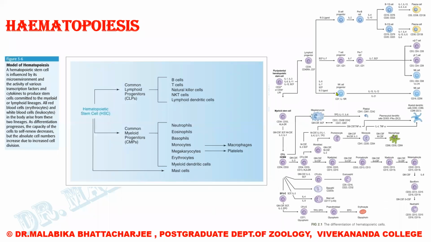Actually, this picture shows that from a single hematopoietic stem cell, depending on what cytokine is present in the microenvironment or what mitotic signal the cell is actually receiving, we are getting a huge repertoire of the different immune cells that develop from a single hematopoietic stem cell.